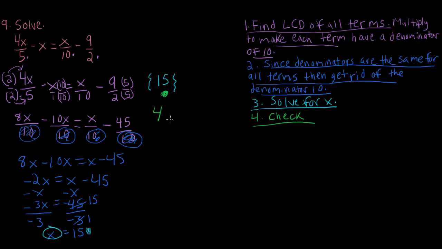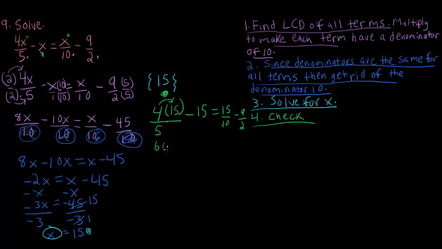So take our original equation, 4 over 5. We want to plug in the 15 minus, we have an x right here. So we want to plug in that 15 equals, plug in this 15, 15 over 10 minus 9 over 2. So we can multiply the numerator, these two values.